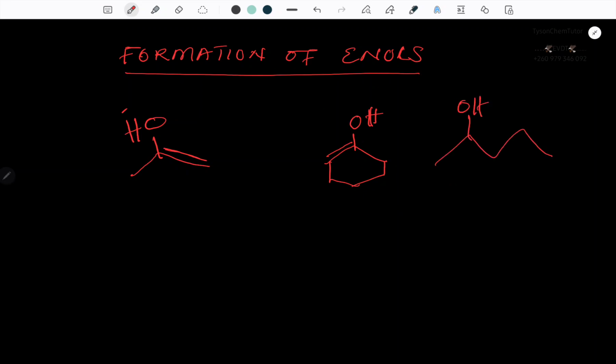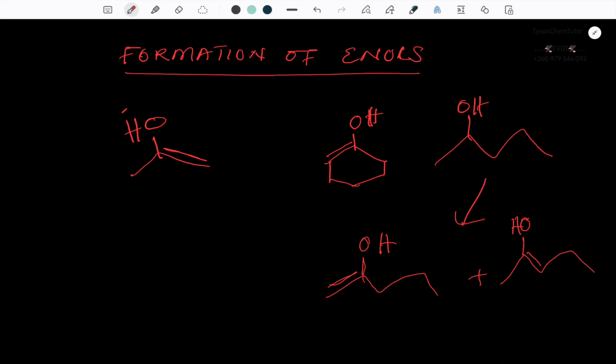In this case, you can have two different enols because we have two alpha carbons. The first one, you may have something like this. This is an enol. Or another one, OH there, then double bond here. So you have two types. We will discuss this after, in the next video.